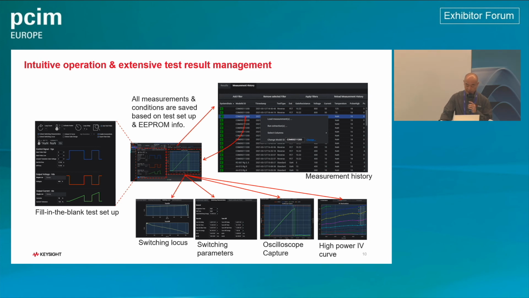One interesting feature is the high power IV curve. Normally, an IV curve is taken using a curve tracer or a power device analyzer. But a power device analyzer or curve tracer is limited in terms of power and energy.